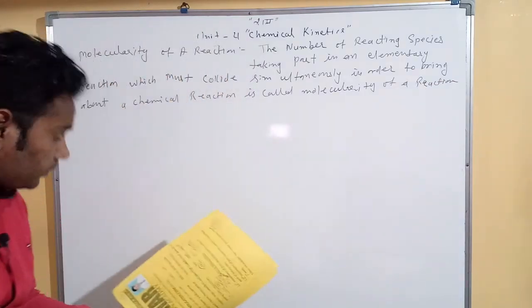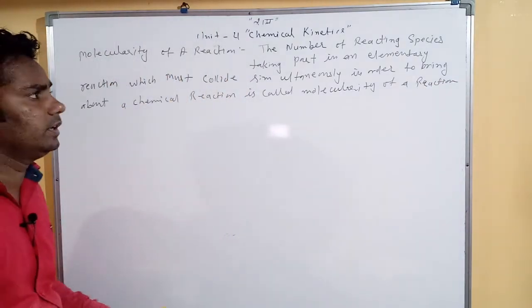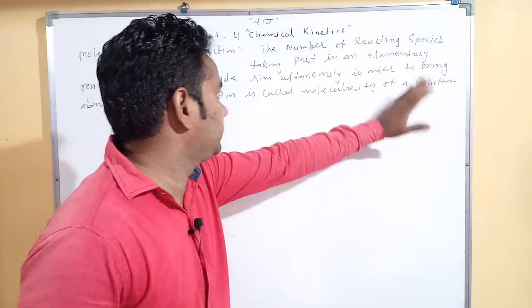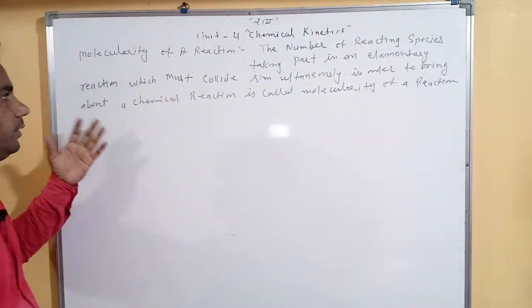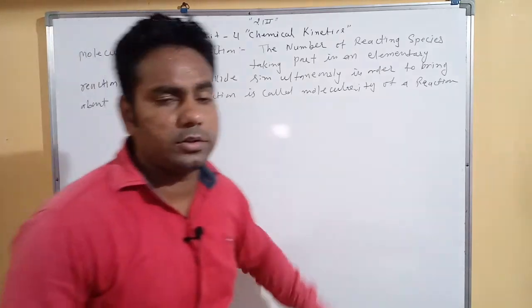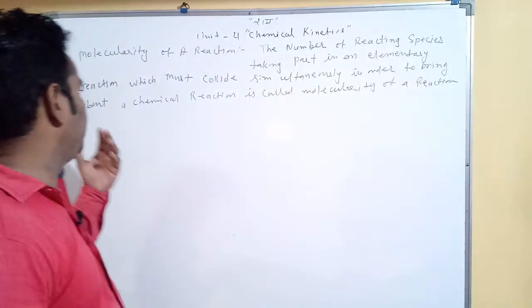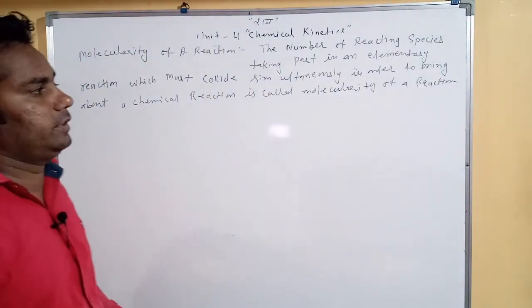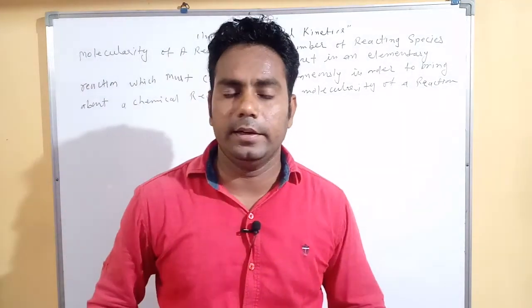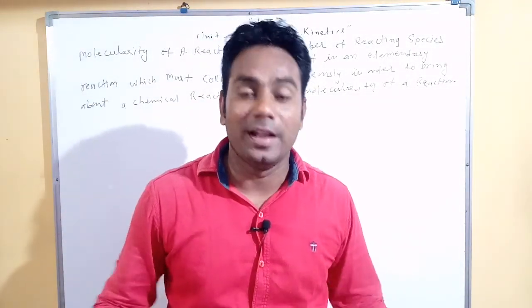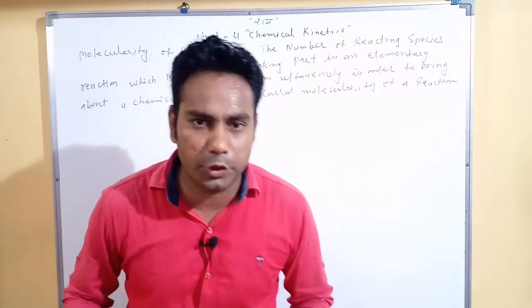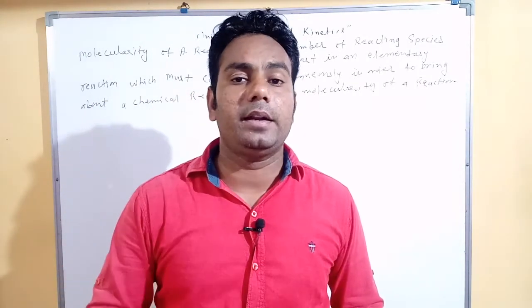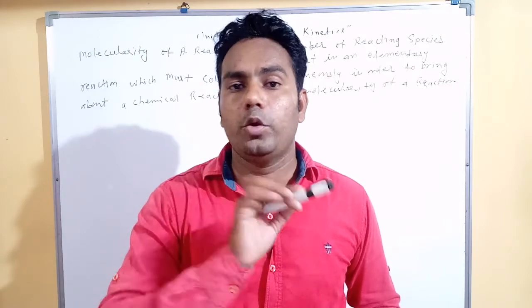Clear? So the molecularity of a reaction is the number of reactant species taking part in an elementary reaction which must collide simultaneously in order to bring about a chemical reaction. In our shortcut, the total number of reactant molecules taking part in a chemical reaction is called molecularity.